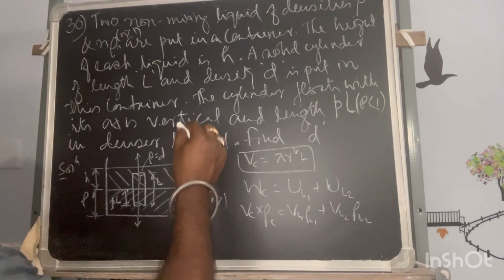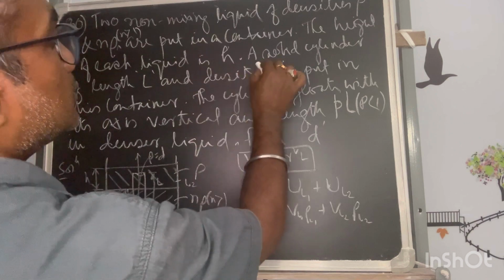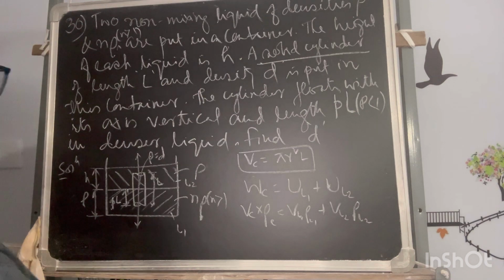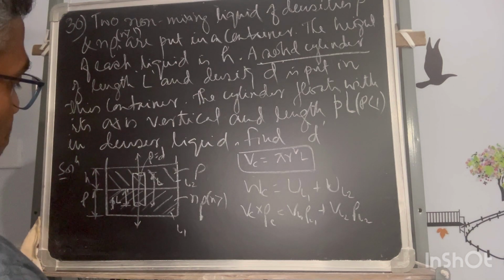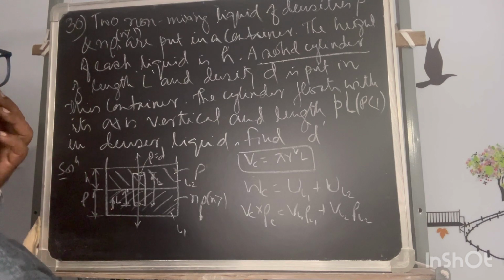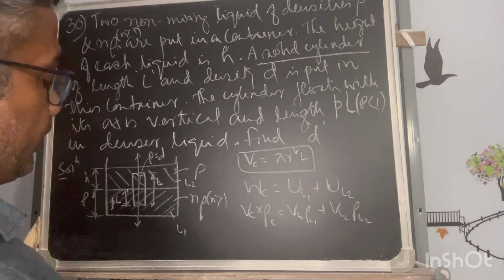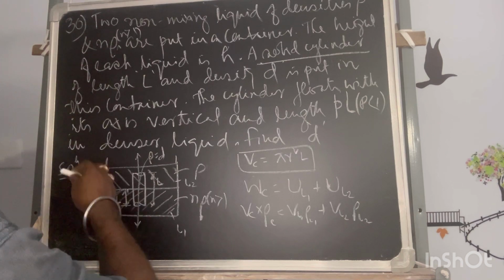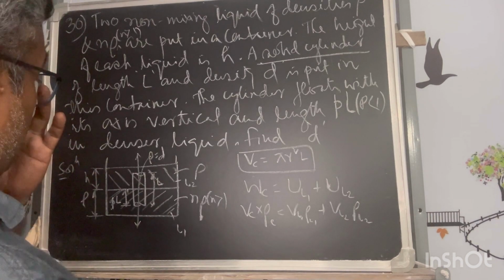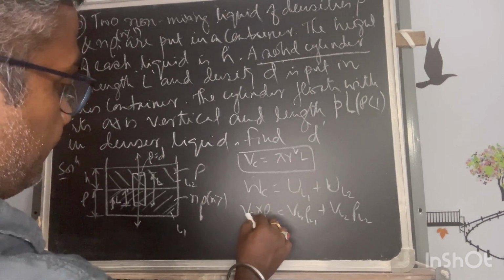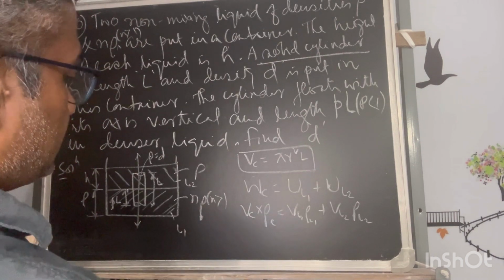This is a solid cylinder, there is no ambiguity. Both the heights are h. Now, what is the volume of the cylinder?